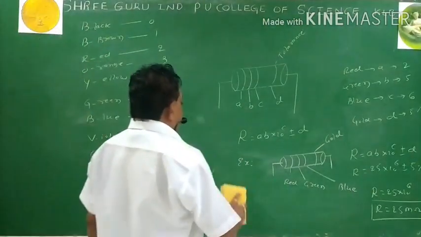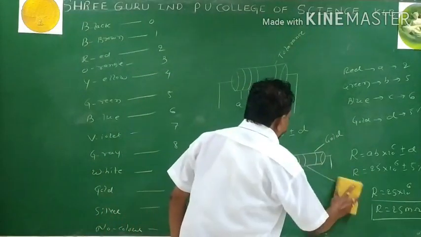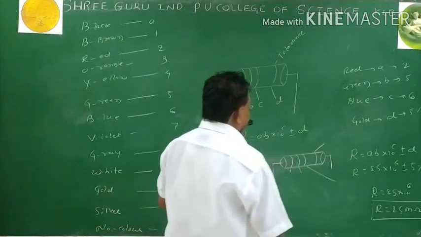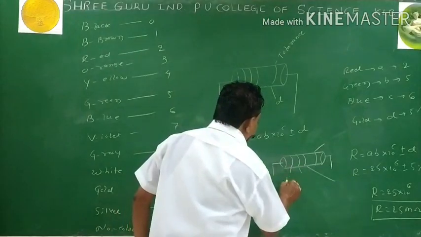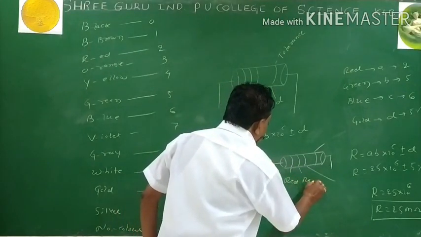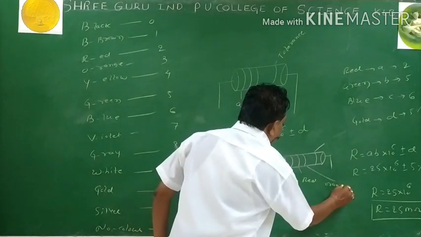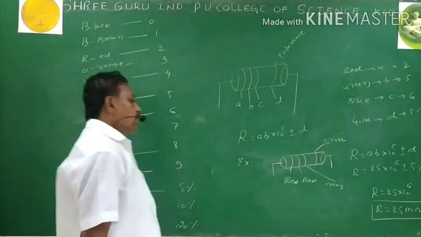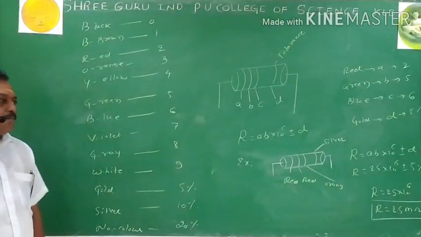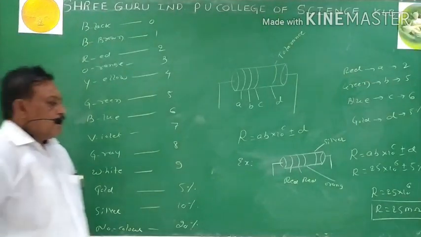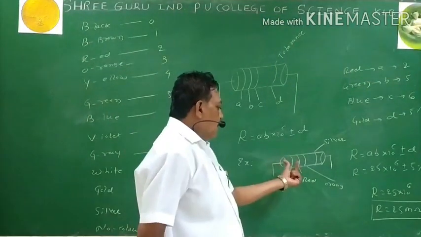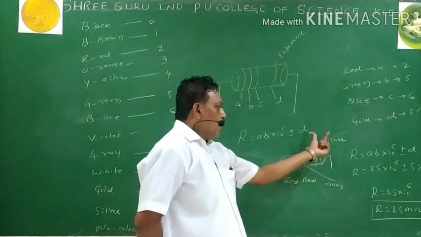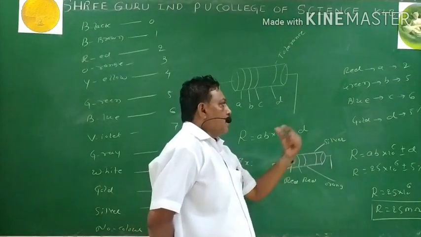I go for one more example. Red, orange, and this is nothing but silver. Now this is our second example. We have got the resistor having the color sequence red, orange, and the fourth color band is silver.